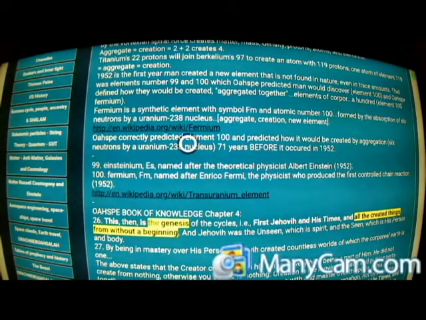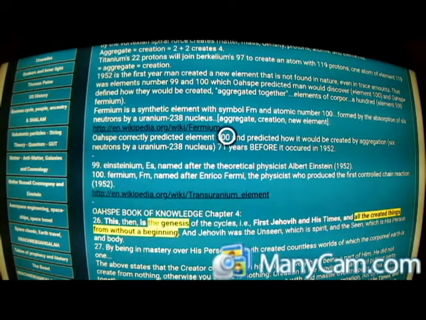Oahspe correctly predicted element 100, or that man would discover and say that there are 100 elements, when there had only been 64 elements at the time Oahspe was typed. So there were many more elements to be discovered and classified by man.